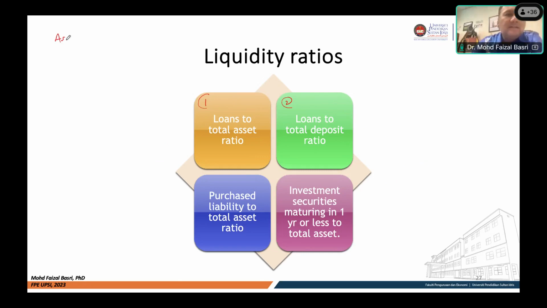Katakanlah letak sini assets and liability. So for a bank, deposits dia ada dekat liability. Okay, it is to the bank deposits. And when we talk about assets, we have loans kat sini, ataupun financing.